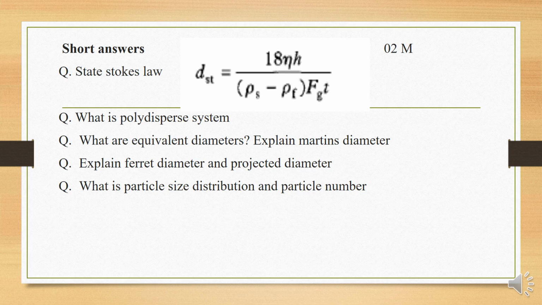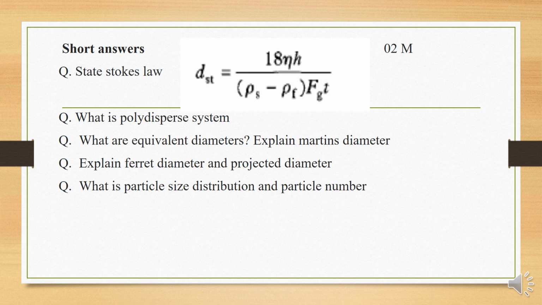Next question is about what are equivalent diameters. So equivalent diameter means the diameter of a spherical particle which will give an identical geometrical, optical, electrical or aerodynamic criteria to that of a non-spherical particle. Some refer to this equivalent diameter as the Stokes diameter of the particle in case of non-turbulent flow.